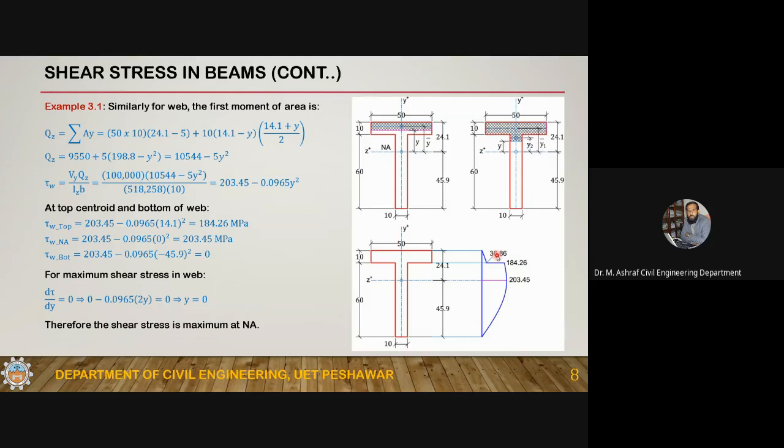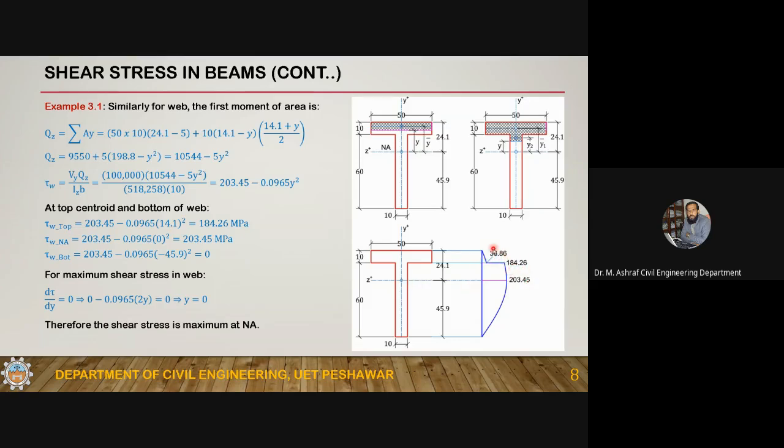So as you are shifting from flange to web, there is an abrupt change in the stress, and that's what we were talking about in the case of limitations. The stresses are abruptly changing from 36.86 to 184.